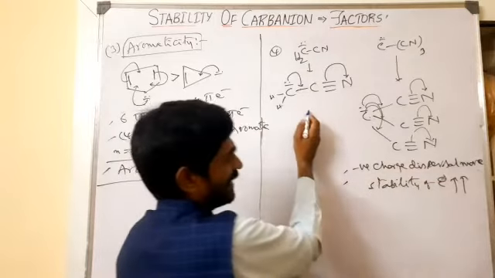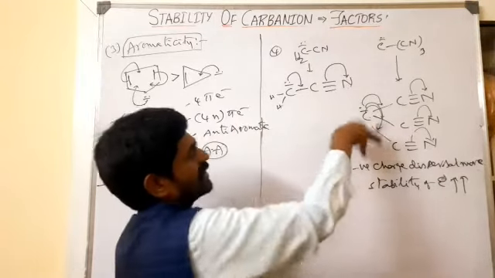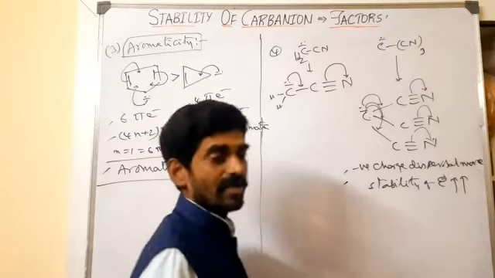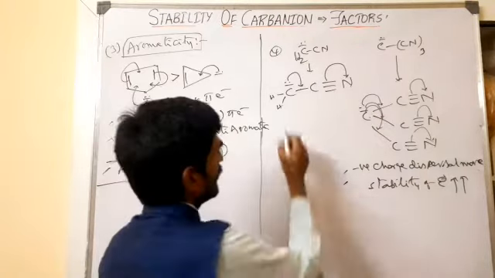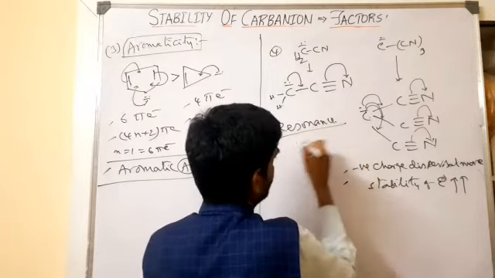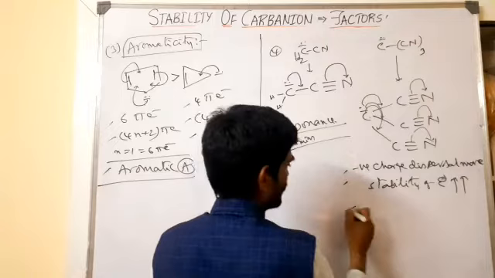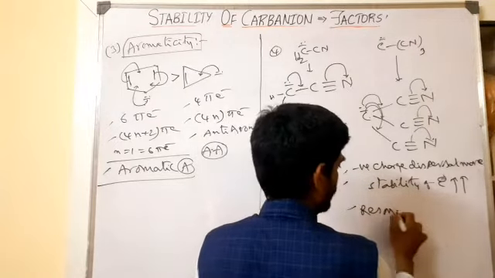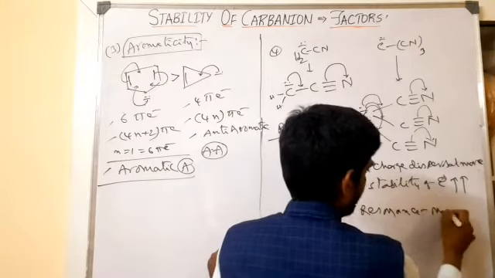But here also there is resonance, but that much dispersal of charge does not take place here. So resonance is minimum here, but here resonance is maximum. Resonance is maximum here.